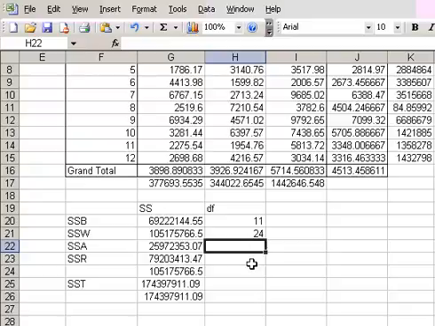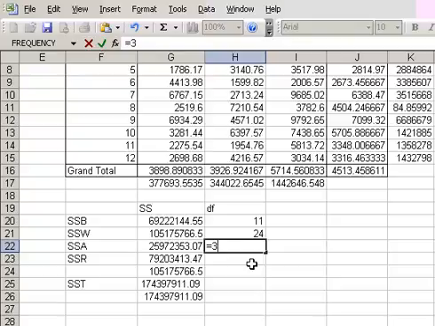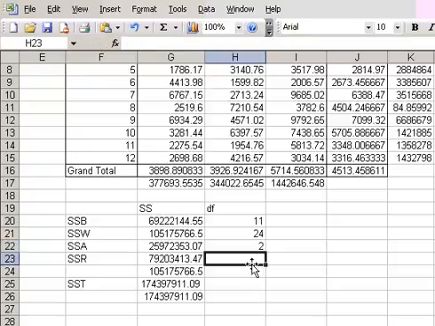The degrees of freedom for admissions is equal to the number of admissions for each person minus 1, which is again equal to 3 minus 1, or 2 degrees of freedom for admissions. The degrees of freedom for the residual is essentially 24 minus 2, but it can be thought of as degrees of freedom for people minus 1 times degrees of freedom for admissions minus 1.